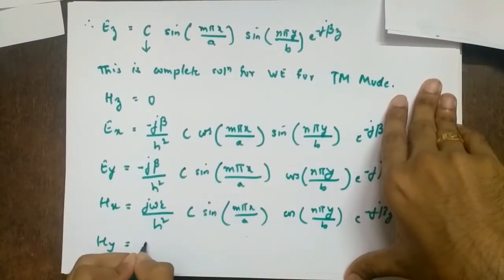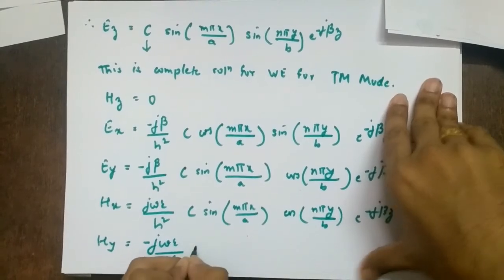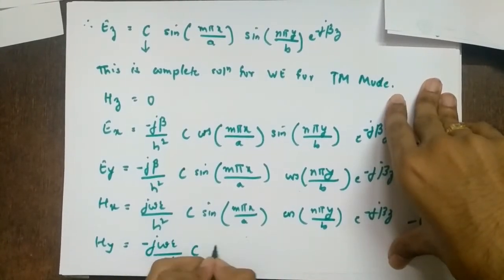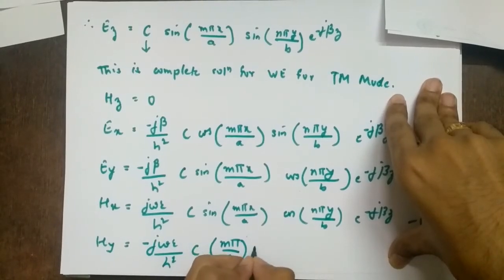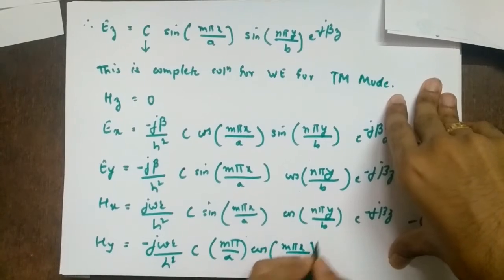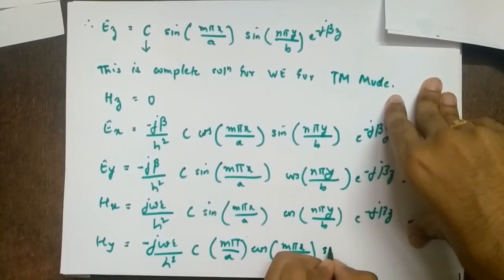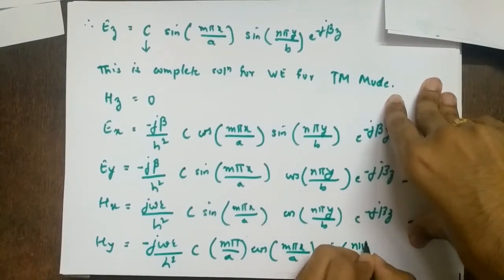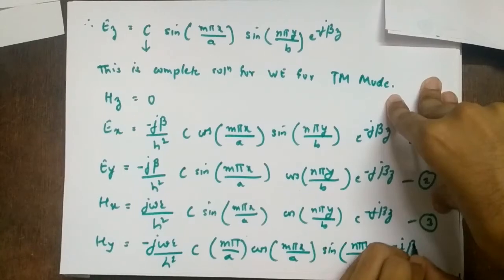And finally we have Hy, minus j omega epsilon by h square into C into m pi by a cos of m pi x by a sin of n pi y by b e raised to minus j beta z.